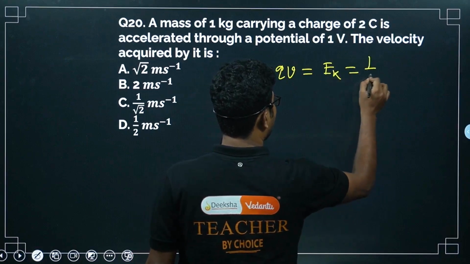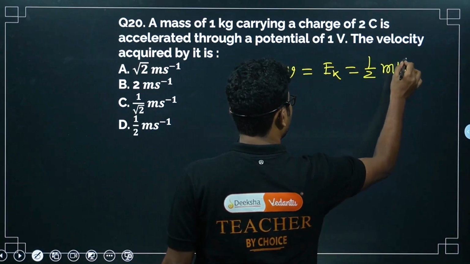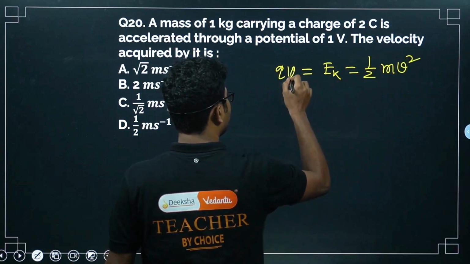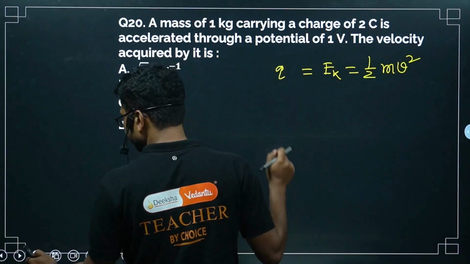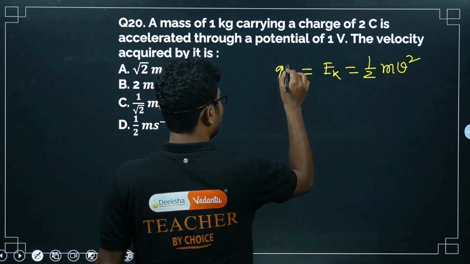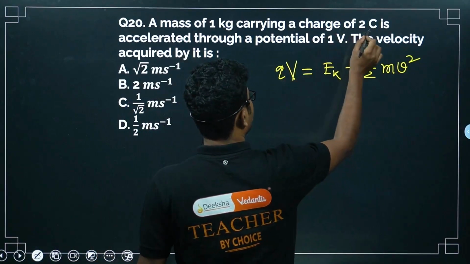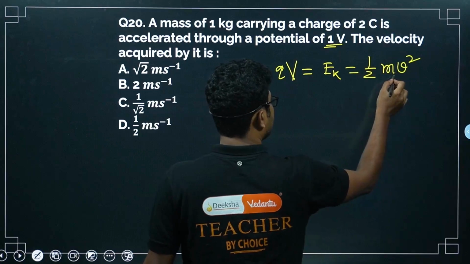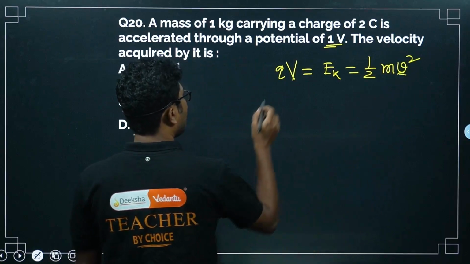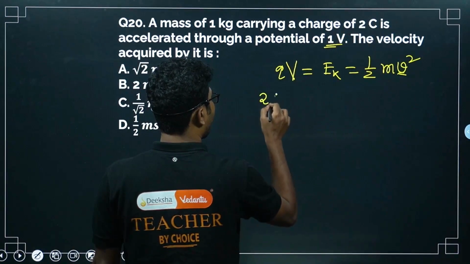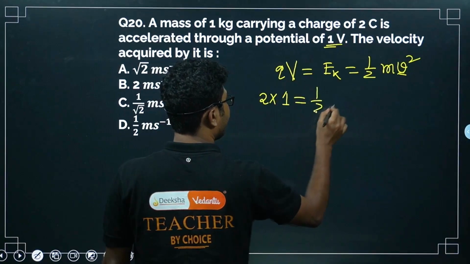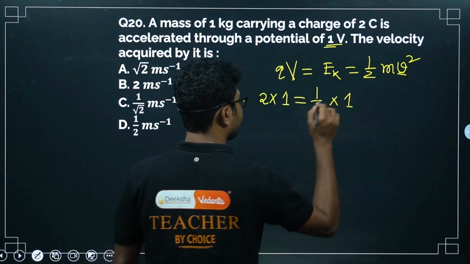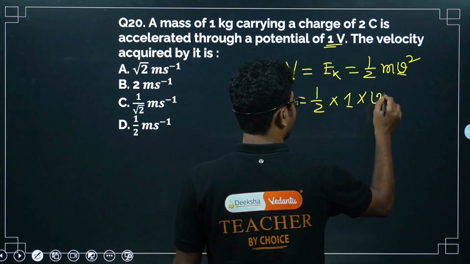Kinetic energy is half m v squared. Here this V is potential. Let's not get confused. This is capital V, that is potential, and this is velocity that we are trying to find. Q is 2 coulomb, V is 1 volt, half, mass is 1 kilogram times v squared.